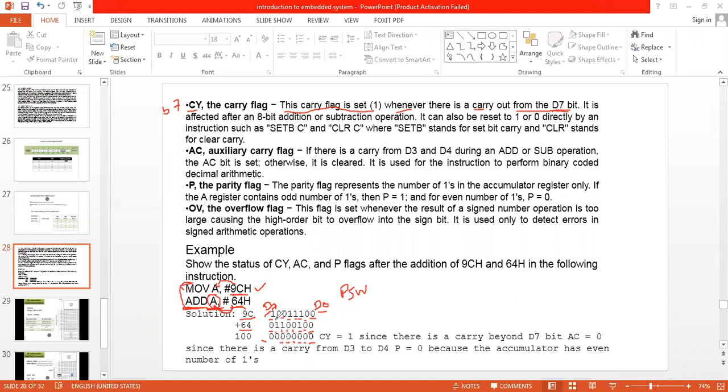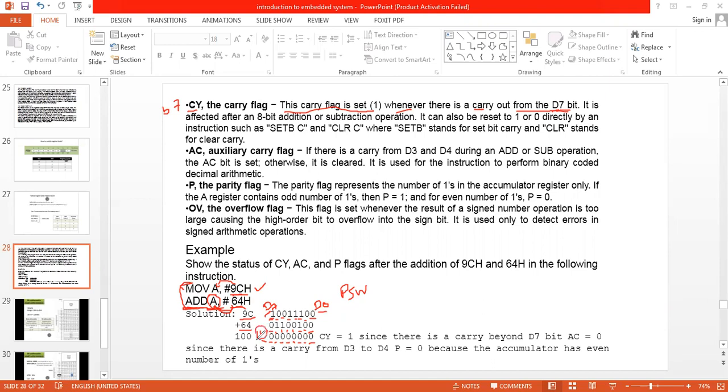Now here 0 plus 1 plus 1. Again it is 2. 2 means 0 and carry 1. Now 1 plus 1 is again 2. 2 means 0, then again carry. See that the D7 bit is 1 plus 0 plus 1. So it will be 2. 0 here and carry 1.